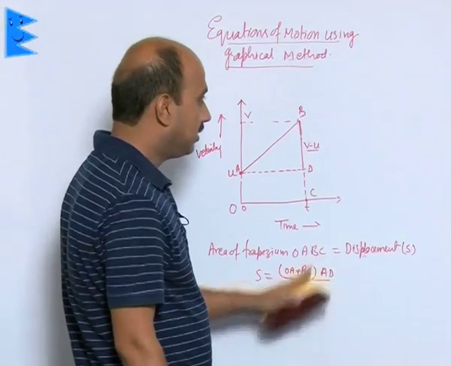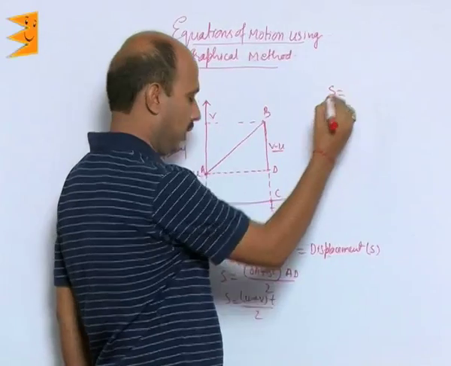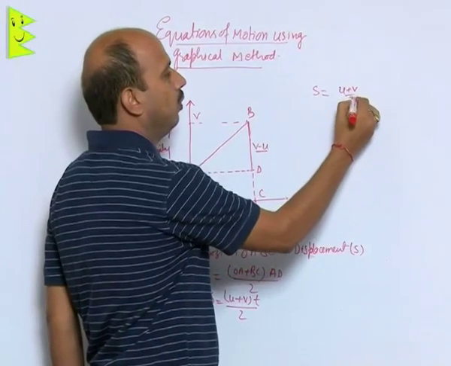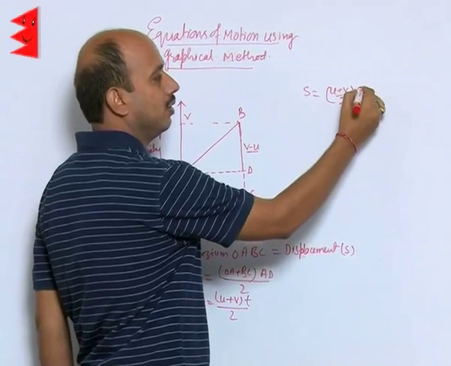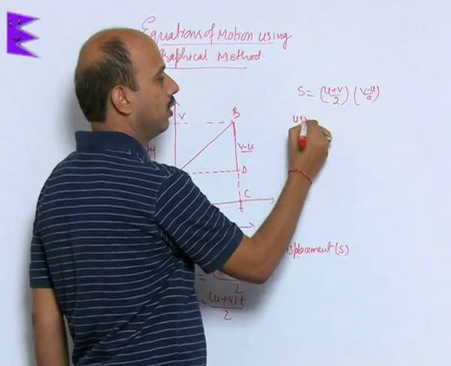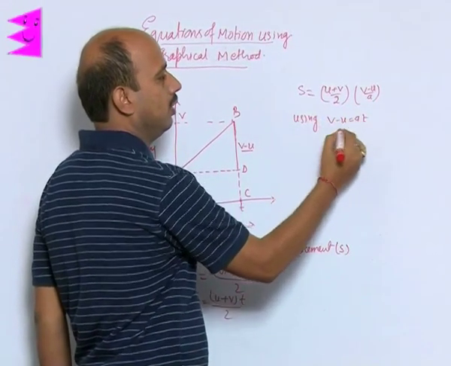Now, I can take this step to this side, here we can write S is equal to U plus V by 2 into T, and we can write V minus U upon A, using V minus U is equal to AT.